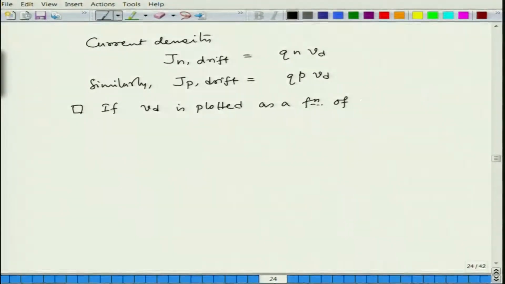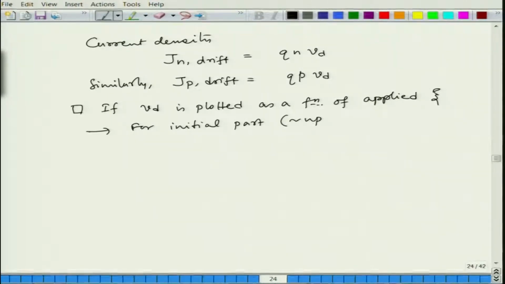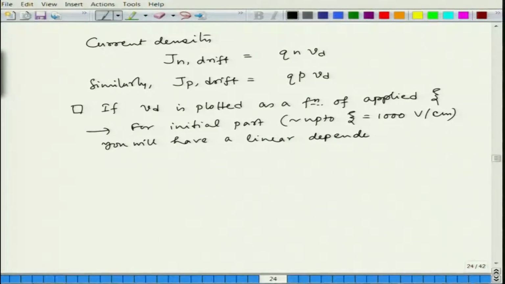as a function of applied field. For the initial part, up to about 1000 volt per centimeter, if that is the field strength, you will have a linear dependence, just like the stress strain curve.